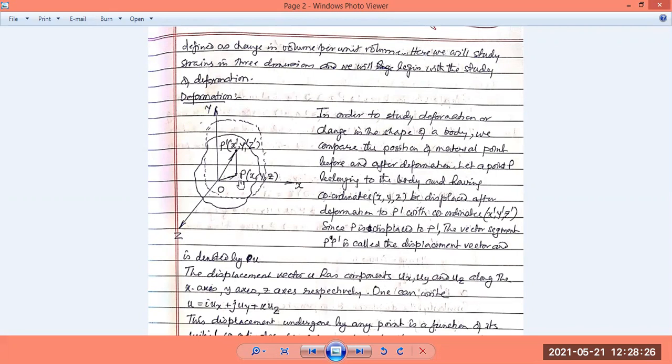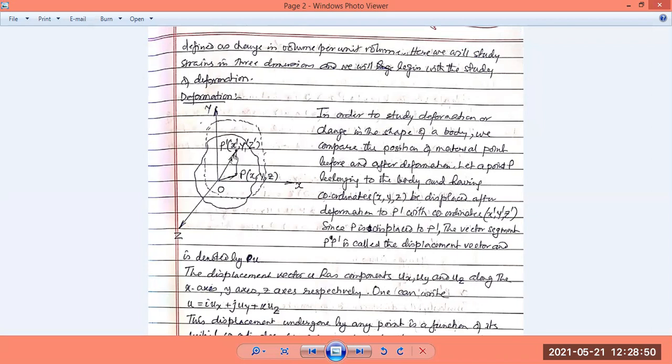Say we have a point P belonging to the body itself, and it has initial coordinates x, y, z, meaning along OX, OY, and OZ it is given as x, y, and z. Now it is displaced after deformation to P dash, and with these coordinates P dash is equal to x dash, y dash, z dash.